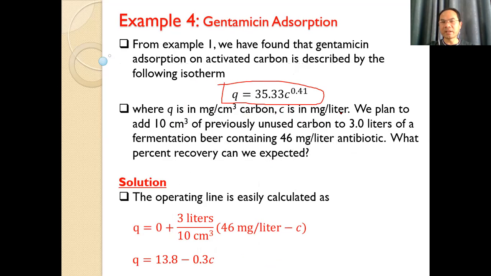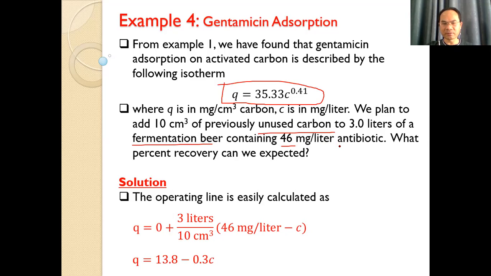For this problem, we plan to add 10 cubic centimeter of previously unused carbon to 3 liters of fermentation beer containing 44 milligram per liter of antibiotic. The question is, what percent recovery can be expected?